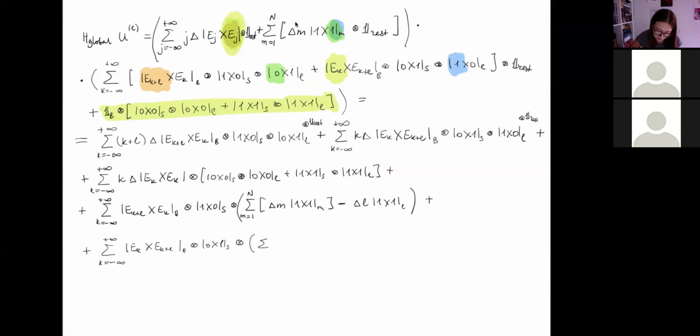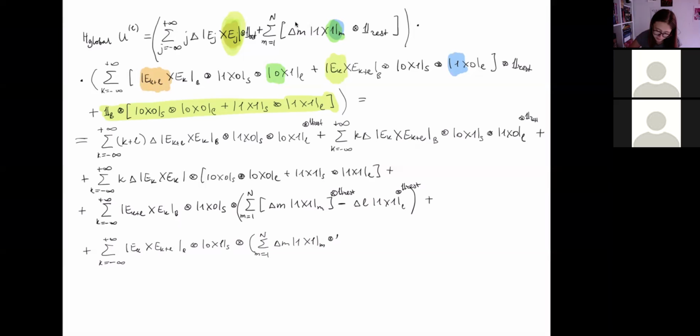Then we almost keep the heat bath part, and maybe it's good to write here the rest.